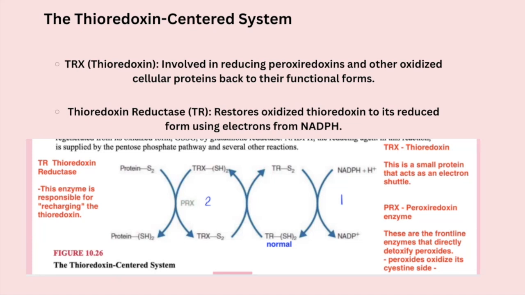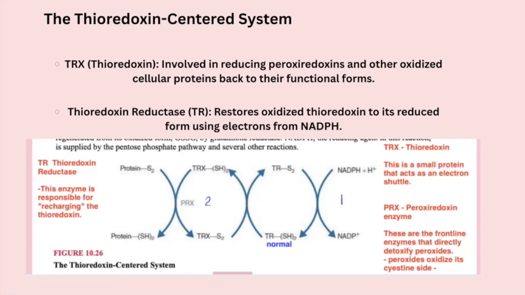So thioredoxin is going to use what? It's going to use the thioredoxin reductase. In the middle, closer to the number 2, this is thioredoxin. By thioredoxin reductase, it's going to get its hydrogen back, and we said it gives the protein its hydrogen again, making it normal. It's not reactive anymore. Once the thioredoxin reductase itself gave to the thioredoxin, how can I return the hydrogen again? By using NADPH.